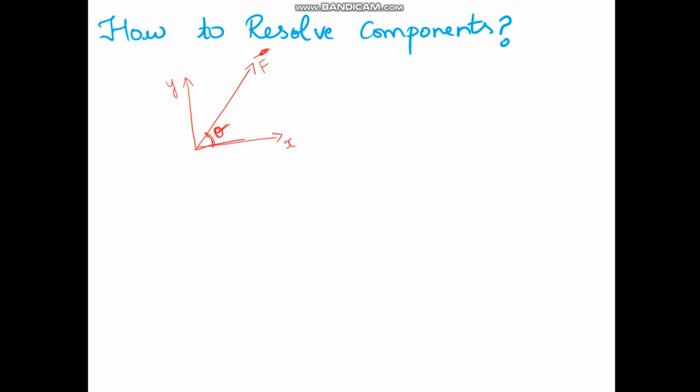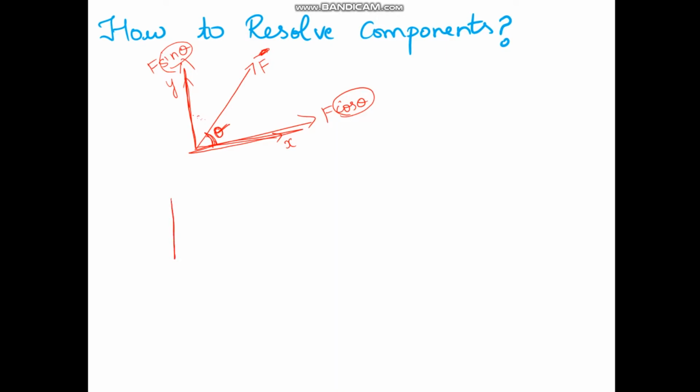Then the component along the angle we give as cos theta, so F cos theta, and the y component, which is away from the angle, we give as F sin theta. So along the angle we give cos theta, away from the angle we give sin theta.